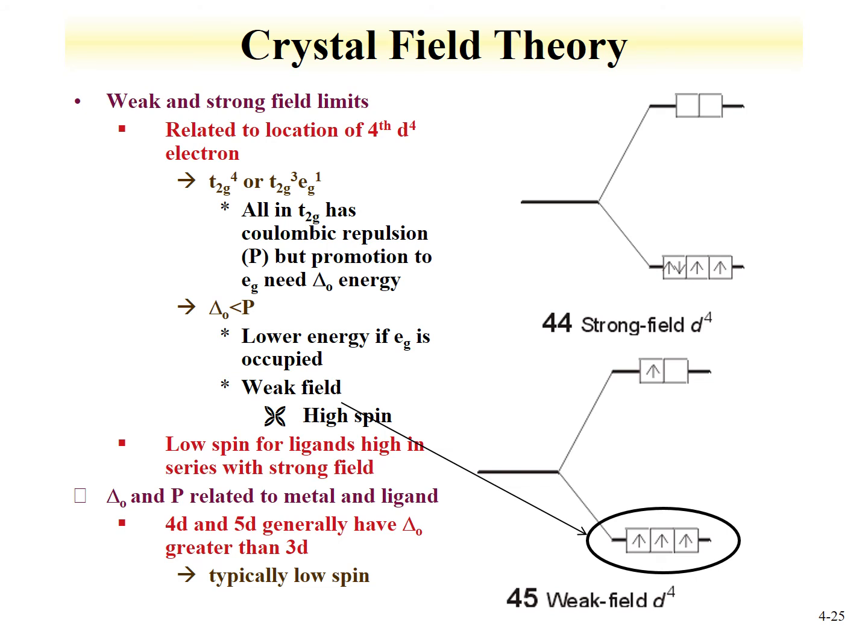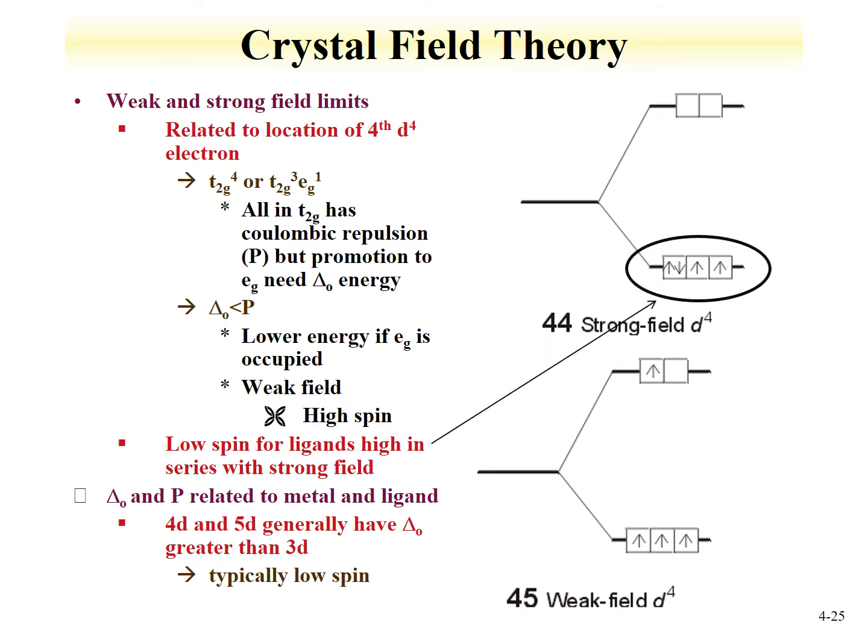And why is it called high spin? Well, all these spins add up. They're all in the same direction, all parallel. So I have a higher spin on this complex. If it's a strong field, all that means is that the energy gap between the t2g and the eg is large enough, so I can't promote this unpaired electron to the eg.